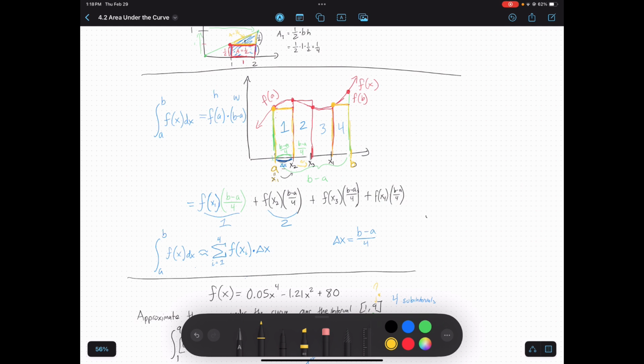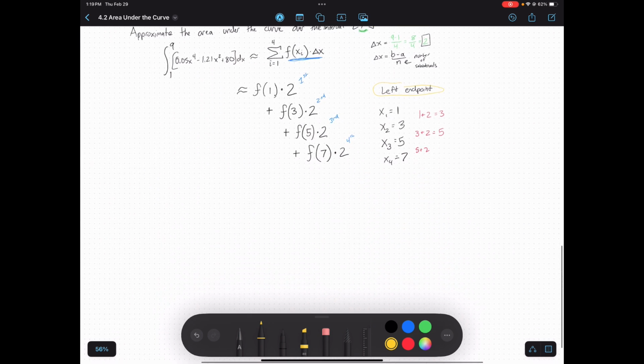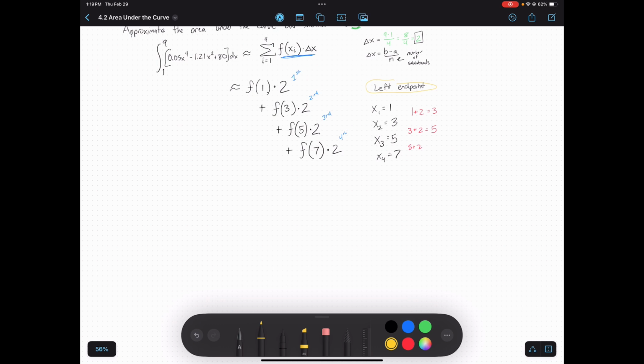So because I'm using left endpoints, I never use f of b. But we can see that if I added 2 to 7, I would end up at my endpoint of 9. And so that's how I can tell I got my 4 rectangles correct, because the distance between each of these x values is 2, which is what our delta x is.